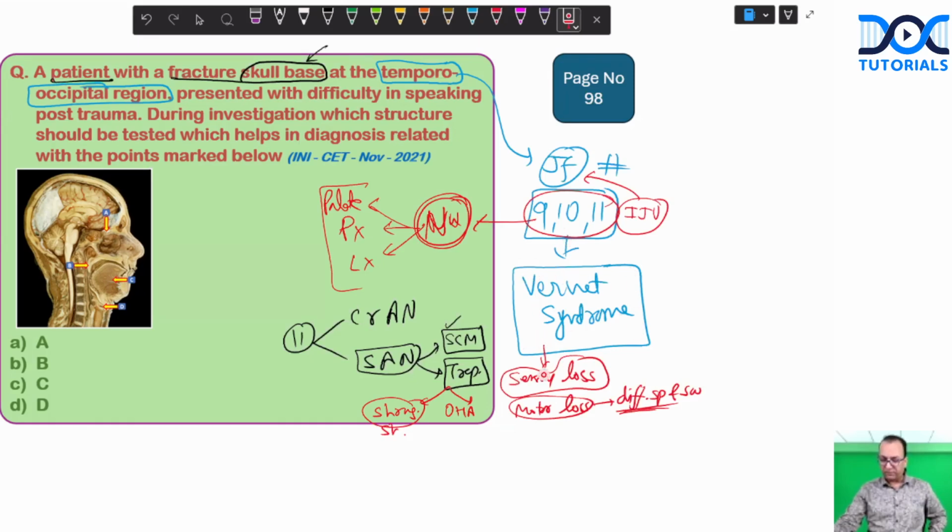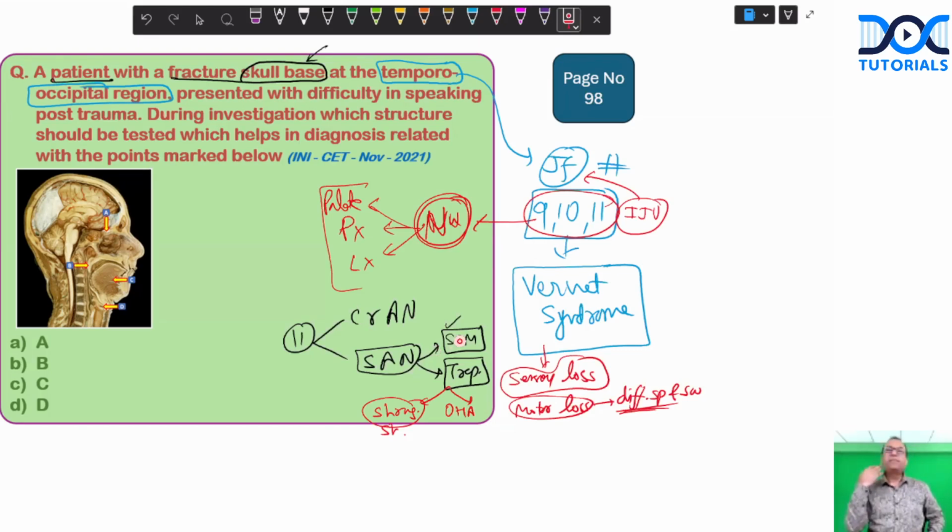Vernet syndrome can have sensory loss in the territory of nerve 9, the oropharyngeal isthmus and posterior pharyngeal wall. The 10th nerve also supplies posterior to the 9th nerve, so the 10th nerve supplies the epiglottis area, so there is that sensory loss. The 11th nerve is pure motor. It has a cranial accessory part and a spinal accessory part. The spinal accessory supplies sternomastoid and trapezius, so there'll be difficulty in turning the neck to the opposite side.